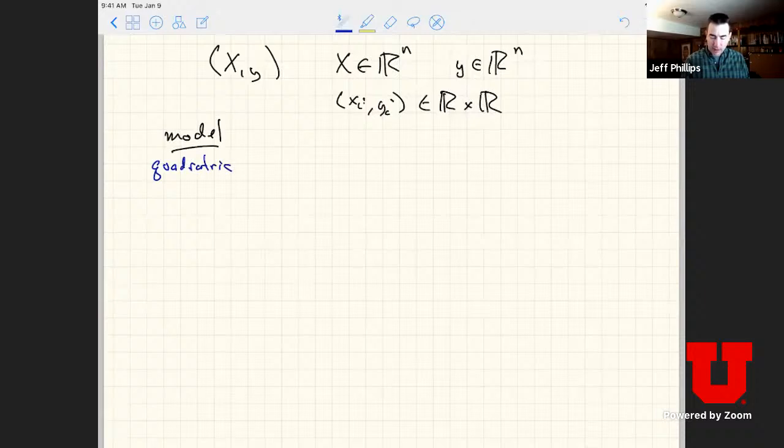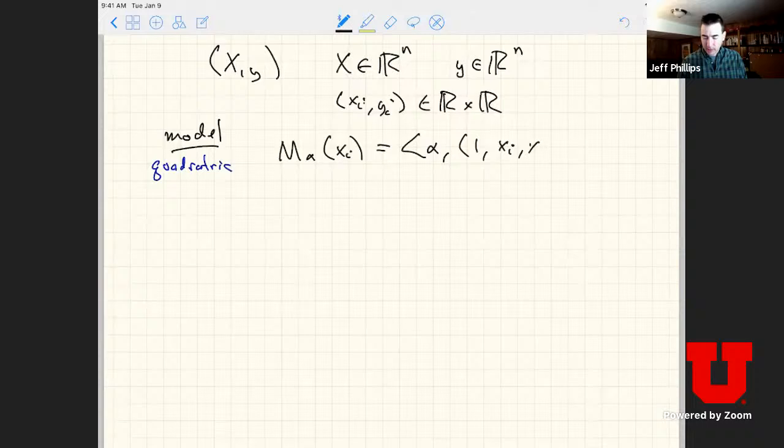That means we're going to have m_alpha of x_i. I like to write this as a dot product with (1, x_i, x_i squared).